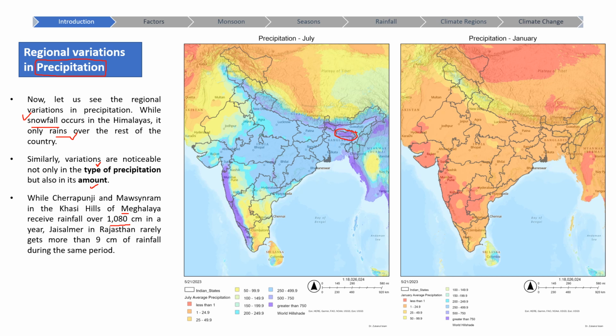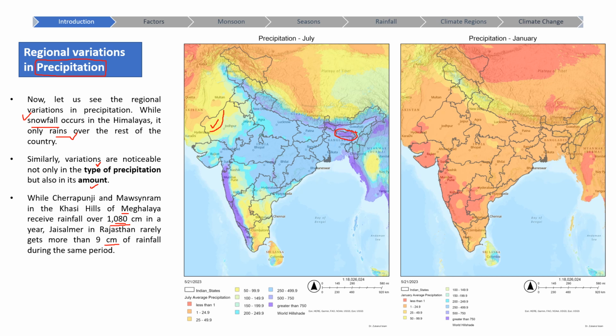While Rajasthan, you will see this part of Rajasthan, rarely gets 9 centimeter rainfall in 1 year, annual rainfall. So you can see how much difference there is. 9 centimeter and 1080. It's a surprising difference. And the difference in distance is only maybe 2000 kilometer here.